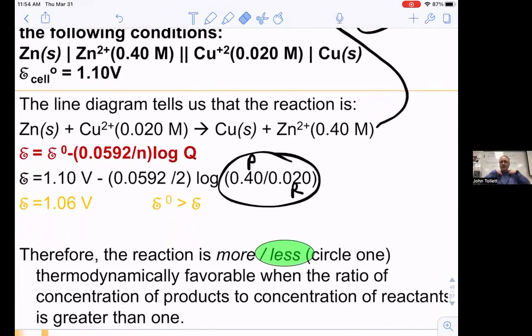Therefore, the reaction is less thermodynamically favorable, like I stated. It is less spontaneous when you have a greater concentration of products than reactants. In the lab that we do next week, we'll actually manipulate some concentrations and see what that does as a result. And it is possible to simply have a cell of the same ion with different concentrations and produce a voltage.